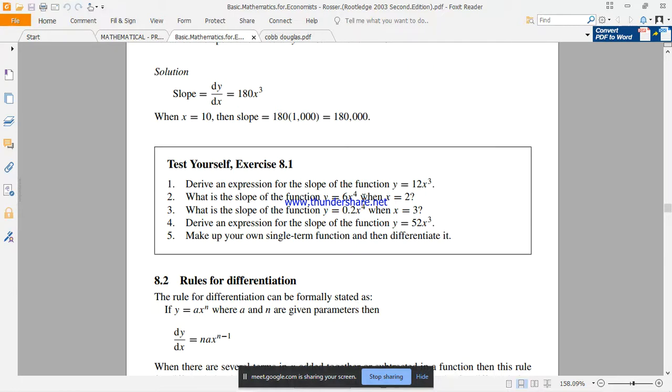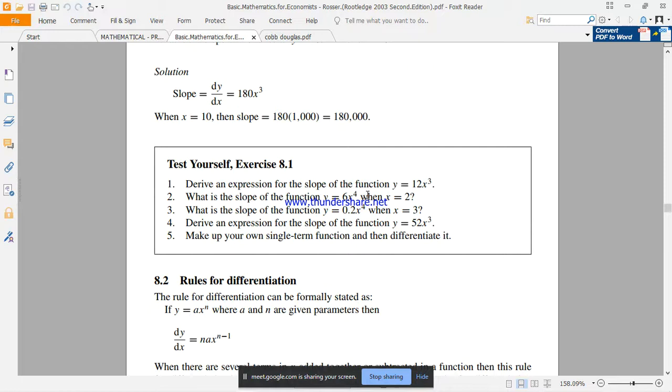So 24 times 2 cubed. 2 raised to the power 3 is 8. So I'll have 8 times 24, which is 192. That is the value of this slope when x is 2.